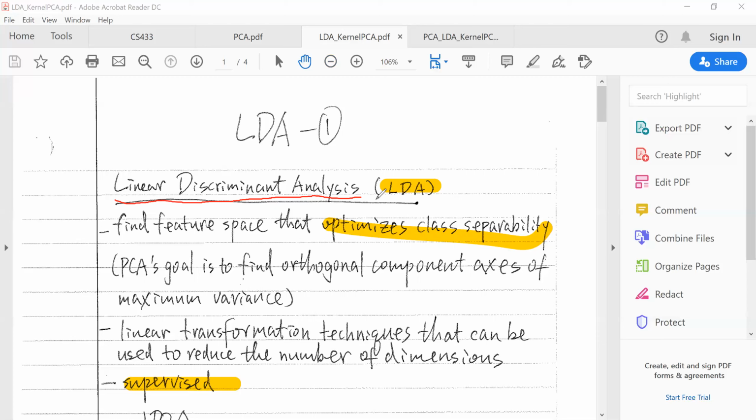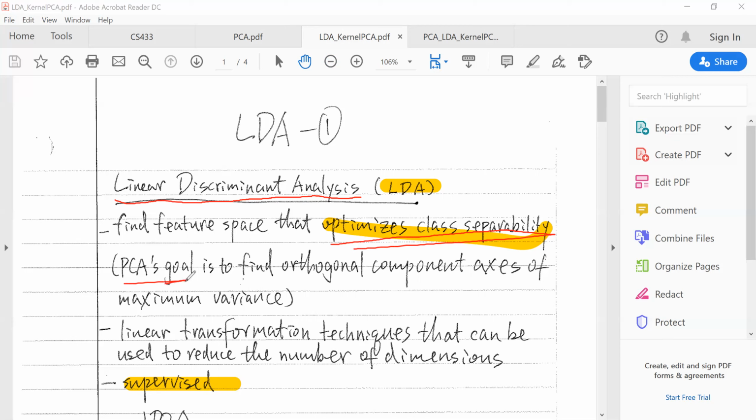What is the concept behind this? It's also going to find a feature space, but the goal here is a little bit different, so be careful. The goal is to optimize the class separability.